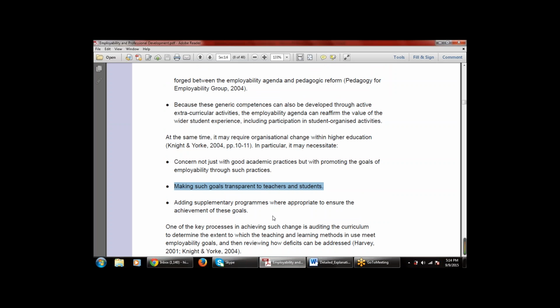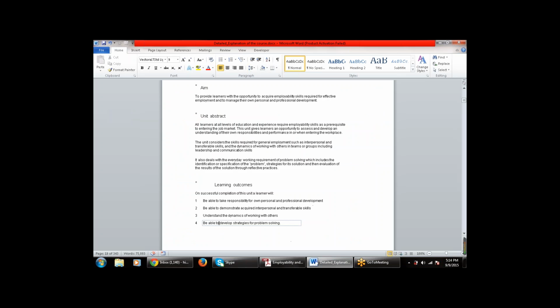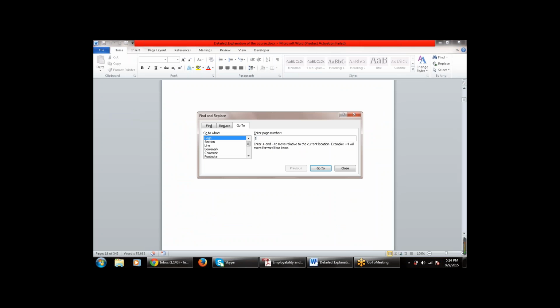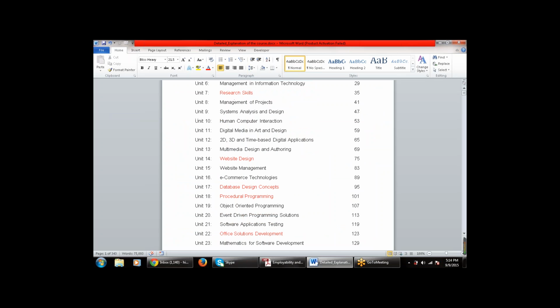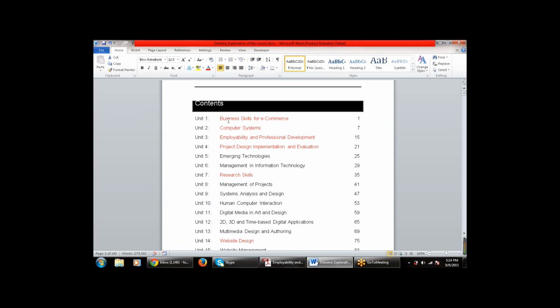Then adding the supplementary program wherever it is appropriate to ensure the achievement of the goal. For example, this is my goal. Instead of using object oriented, I can also start the e-commerce technology, but we already discussed the business skills for e-commerce.